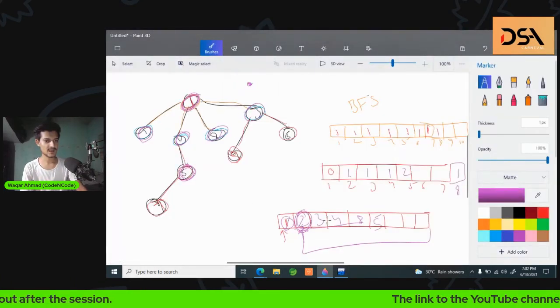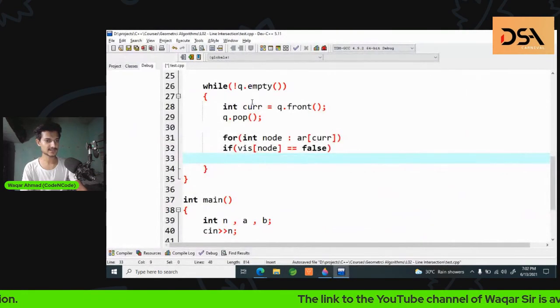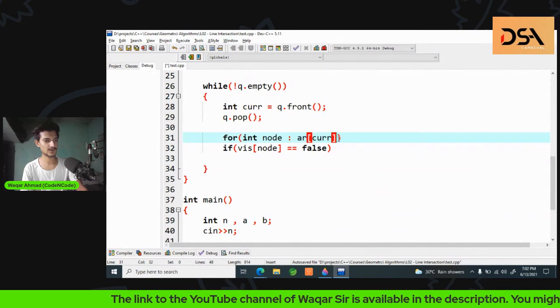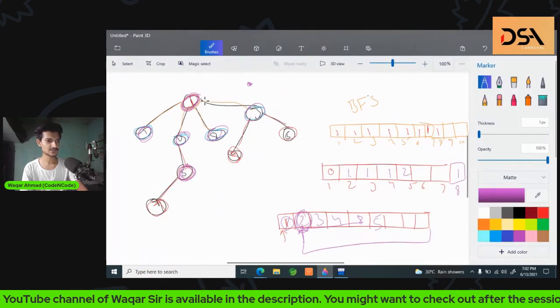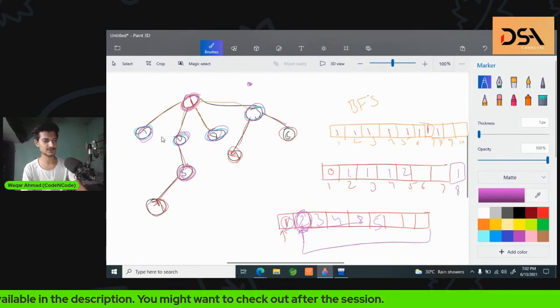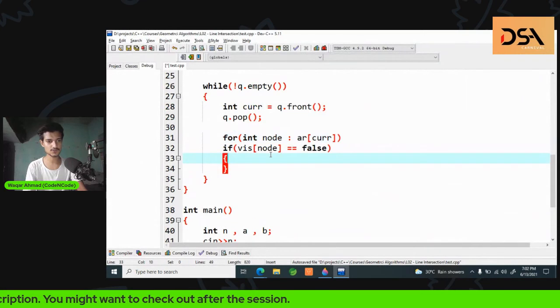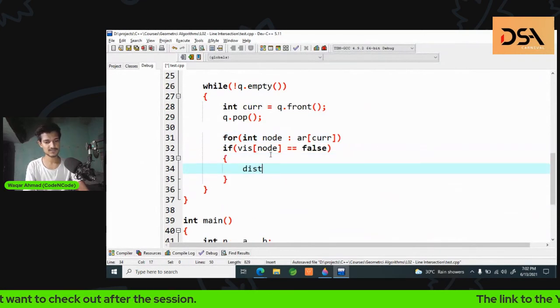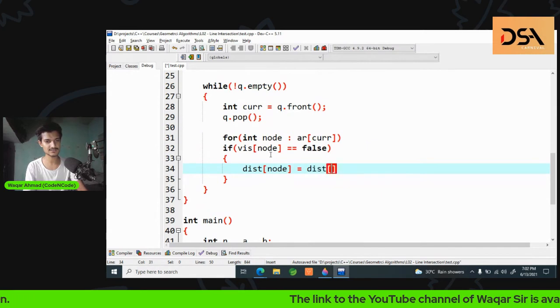So I had 1, so current represents 1, and in the adjacency list of node 1, I take nodes one by one and see whether they are visited. In the adjacency list of 1, there was 4. Is 4 visited? The answer is no. So I'll insert 4 into the queue. Distance of node is equal to distance of current node plus 1.